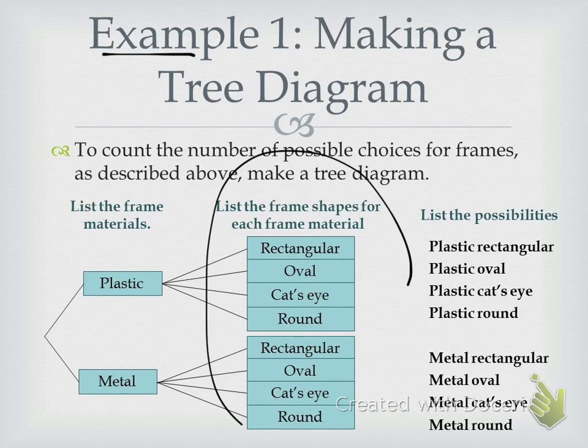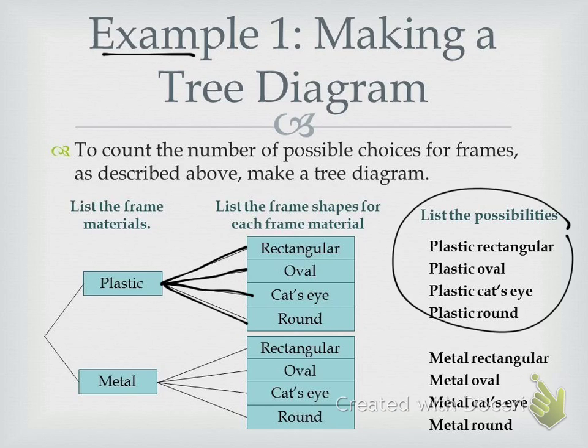Then your second category would be the frame shapes. Well, there are 4 different shapes. So it can be plastic rectangular, plastic oval, plastic cat's eye, plastic round. You do not have to do this part, okay? But this just shows you what that would be if you actually wrote out the possibilities.